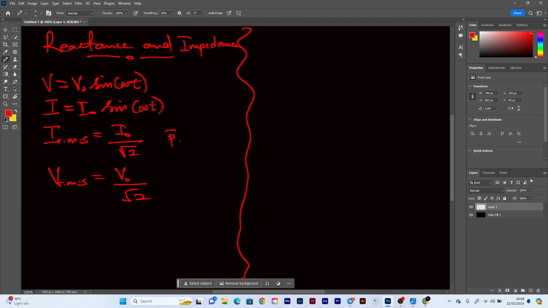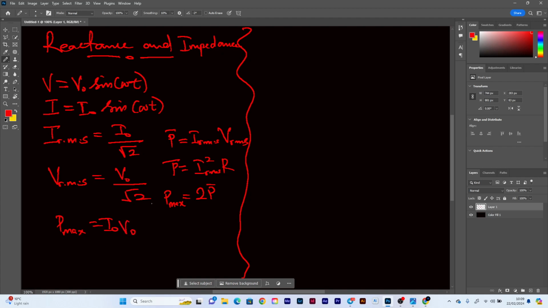Average power is given as root mean square current multiplied by root mean square voltage, or root mean square current squared multiplied by resistance. And we said maximum power is equal to the peak current times peak voltage.